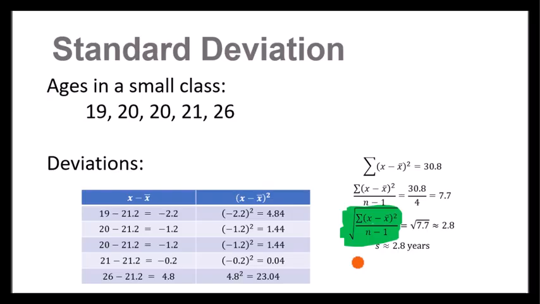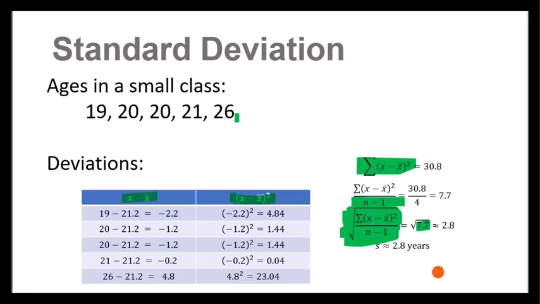In terms of order of operations, we first do x minus x bar, then square each of those values, then add them up in the sum, then divide by n minus 1, and finally take the square root. So I'm taking the square root of that previous number, the 7.7, and I get a long decimal that I round to 1 decimal place, since our original data has just whole numbers. I rounded this to 2.8.